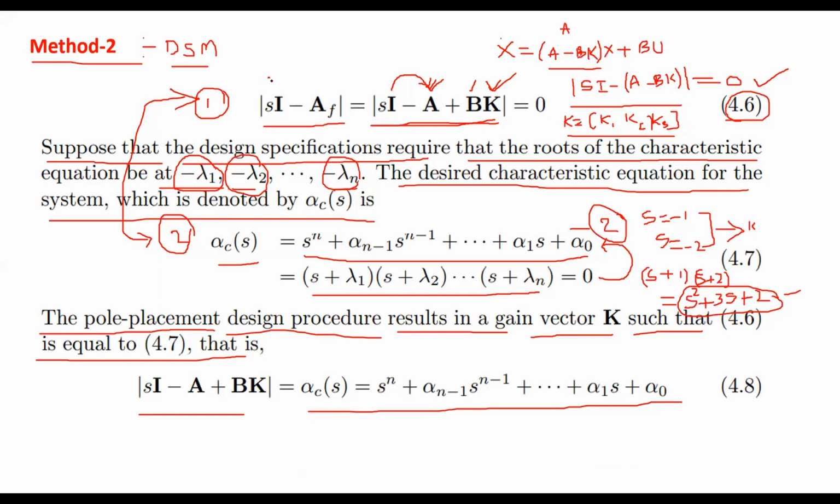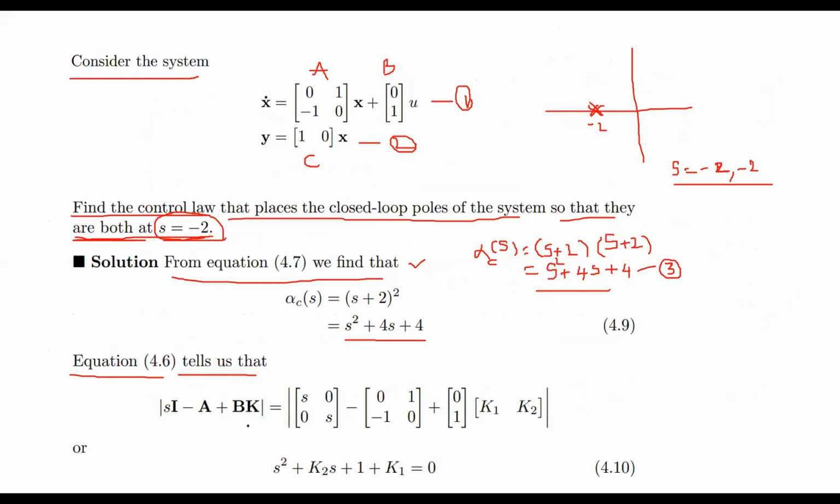So we are going to find sI minus (A plus BK). Therefore, let us take sI minus (A plus B K). Here matrix A is a second order system. Therefore, the identity matrix should be [1 0; 0 1] multiplied with s.